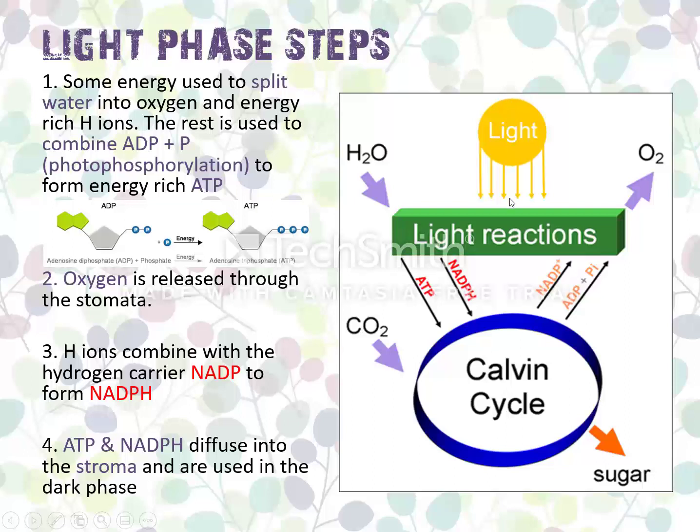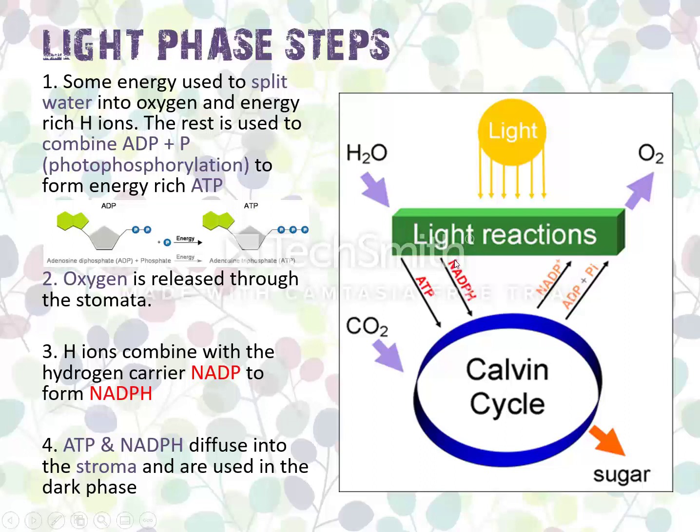Okay, so just looking at this diagram quickly, we have light phase, light reactions. We need light, obviously radiant energy. We said the light phase is dependent on light, so it's a requirement. We also need water. That water is split into oxygen and hydrogen ions. The oxygen is released into the atmosphere.